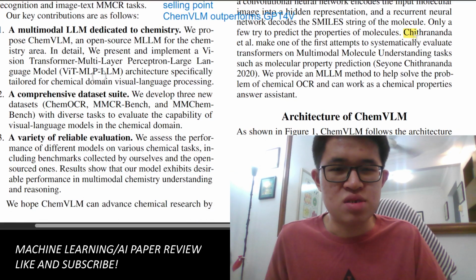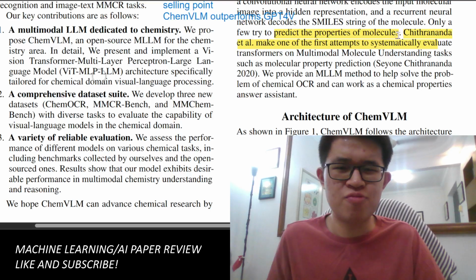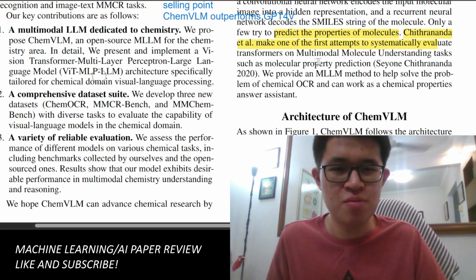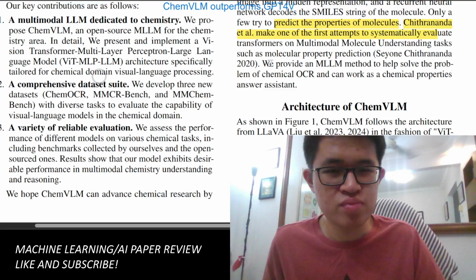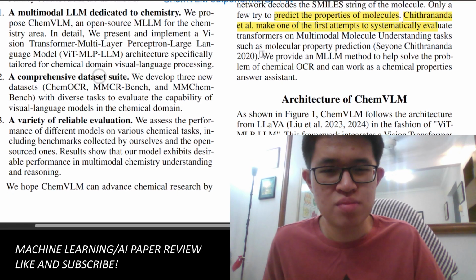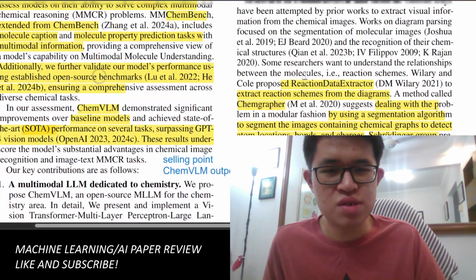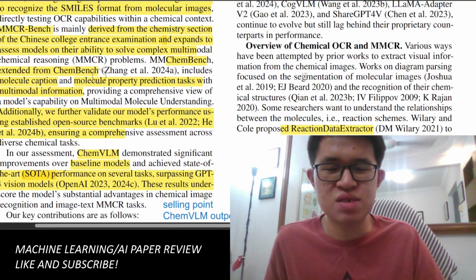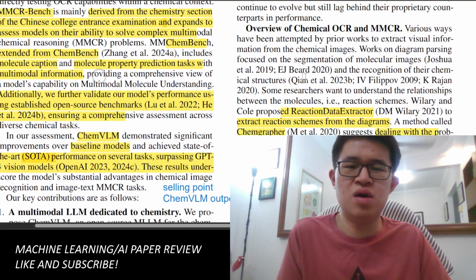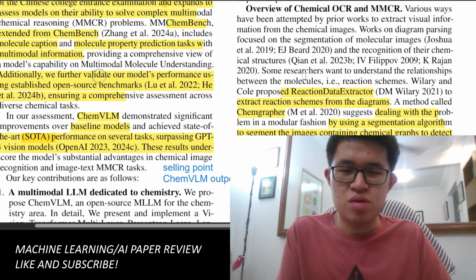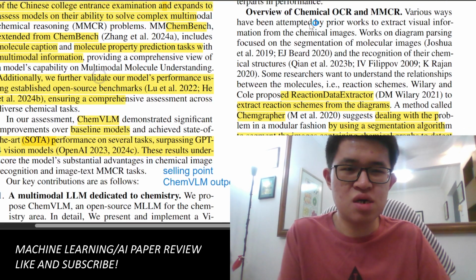Okay, and there are a few people who try to predict the molecular property of the chemical, right? Okay, so those are the past few works here. So that's kind of an overview of the graph.